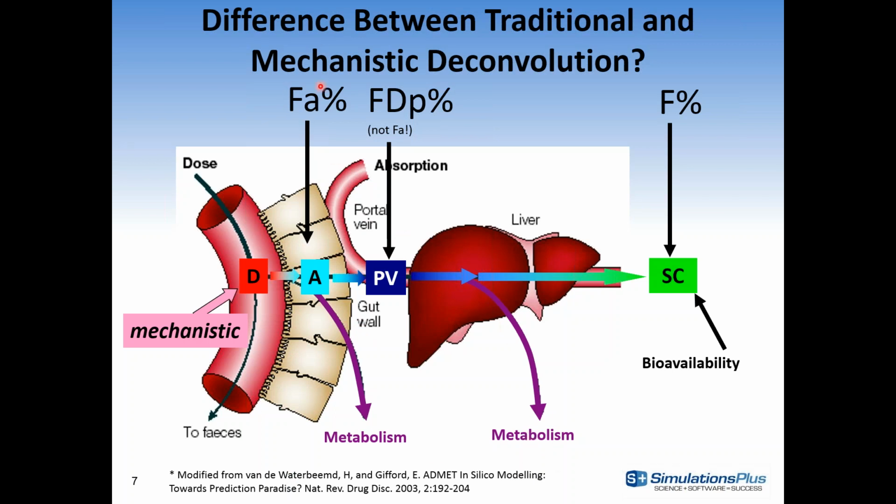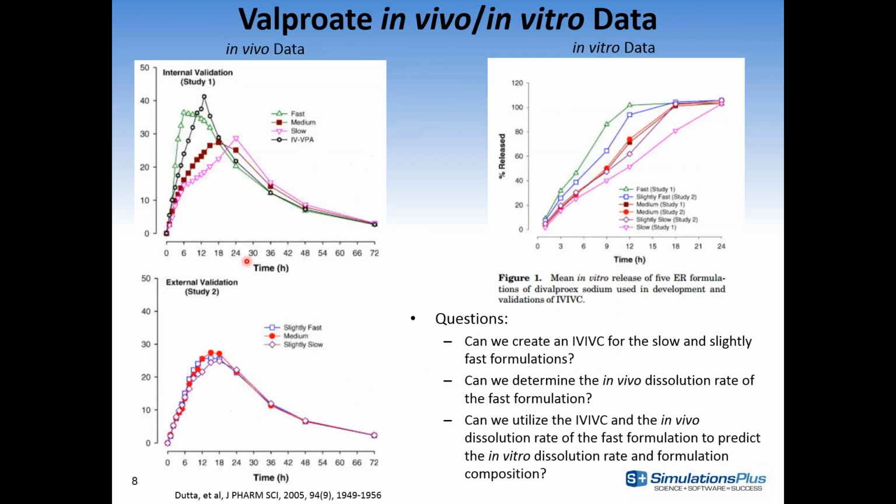So we really understand the fraction absorbed, the fraction of dose in the portal vein, and then the systemic bioavailability, all to back calculate what the true in vivo dissolution rate is. So this is the mechanistic version of the deconvolution that we perform in GastroPlus.